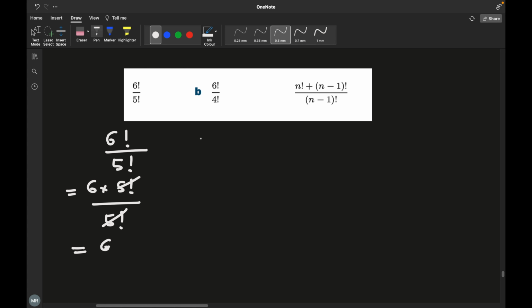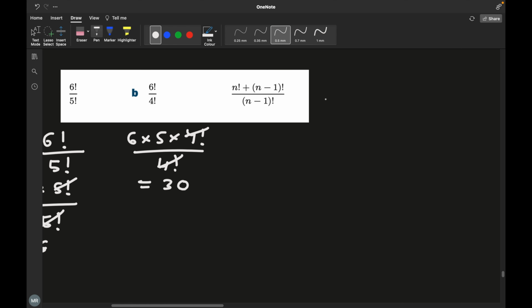And now let's look at a similar example. 6 factorial would be 6 into 5 into 4 factorial divided by 4 factorial. We can cancel this out and we're left with 30. And now this might seem complicated, but let's break it down.